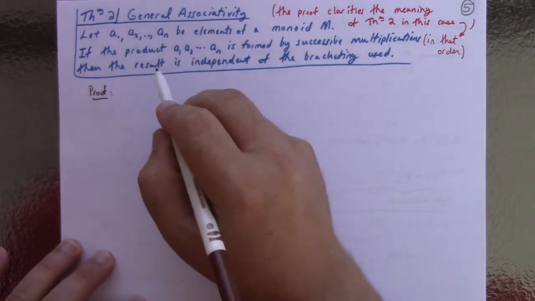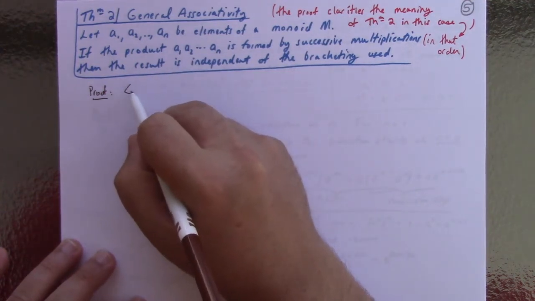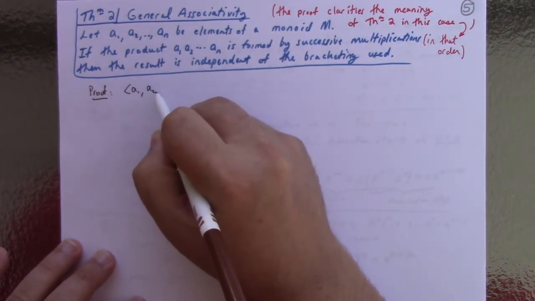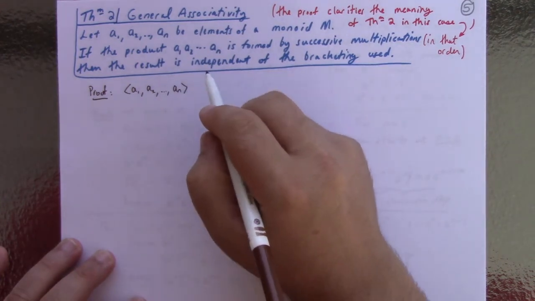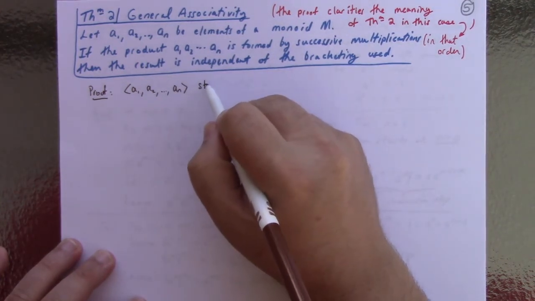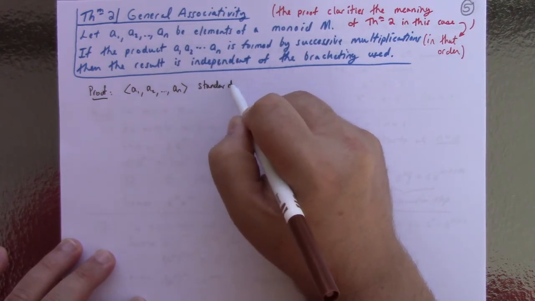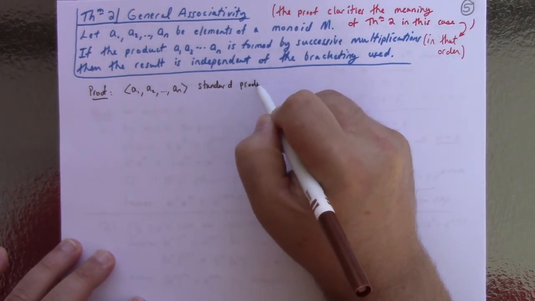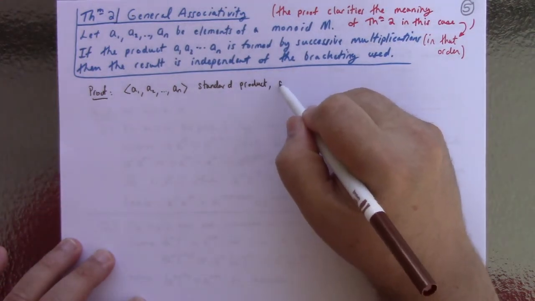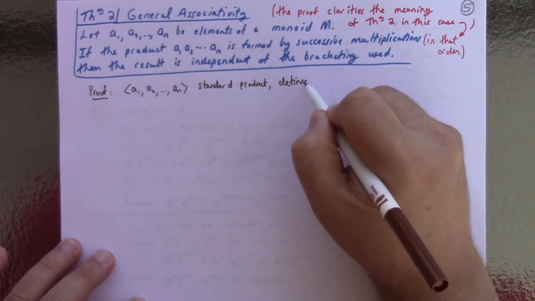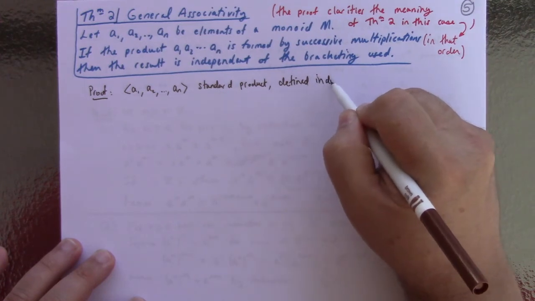I'll follow Nicholson here basically. We'll say that a1, a2, ..., an is the standard product in that order, defined inductively as follows.